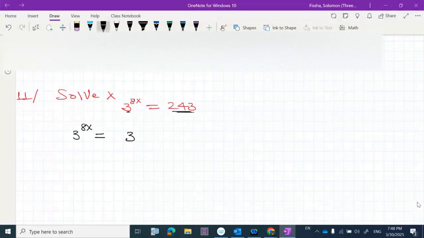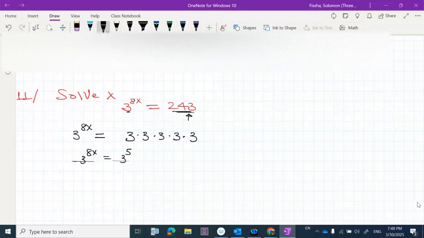What exponent gives you 243 is the challenging part. 3 times 3 is not 243, so add another 3, and another, until you get this number. If you check, 5 threes multiplied, 3 times 3 times 3 times 3 times 3, gives you 243. So 3 to the 8x is equal to 3 to the power of 5.